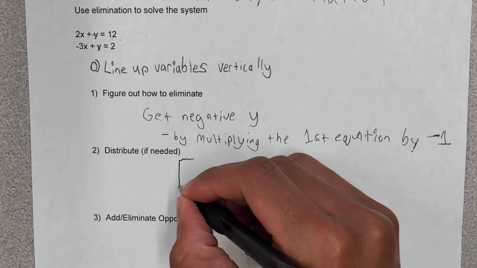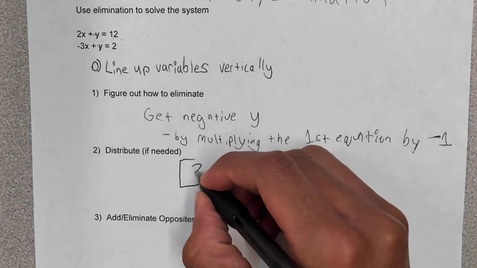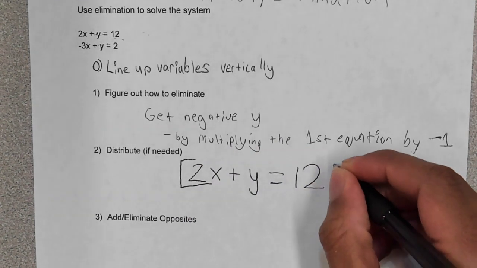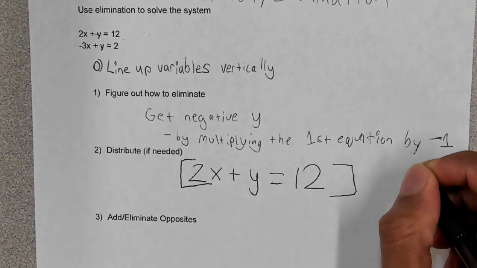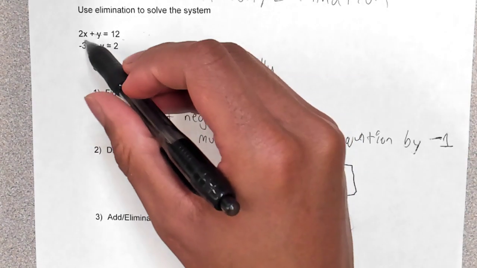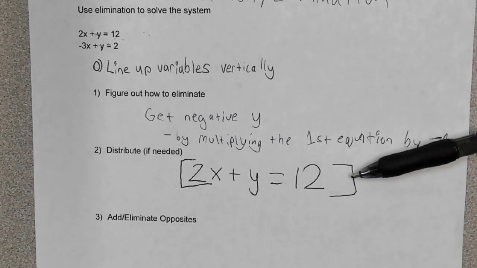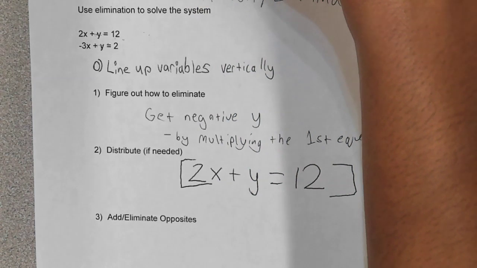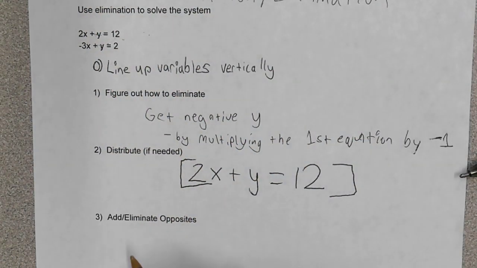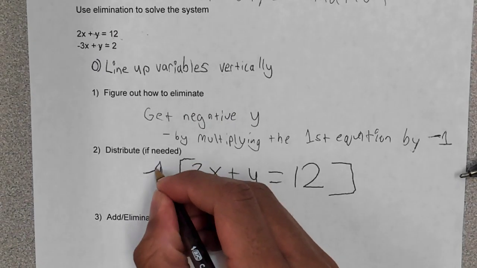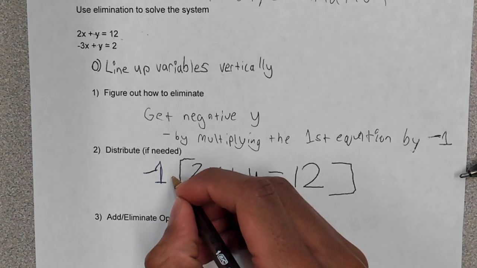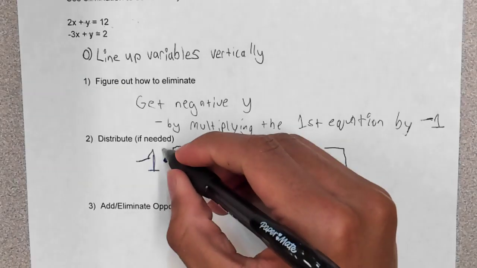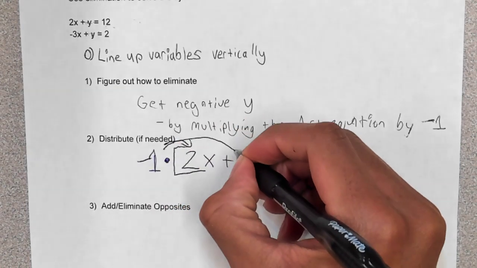The way I personally like to do it, I'm going to rewrite the whole equation again. 2x plus y equals 12 in brackets. That's the first equation. But now, we're multiplying the whole equation by negative 1. So step number 2 is we're going to distribute.